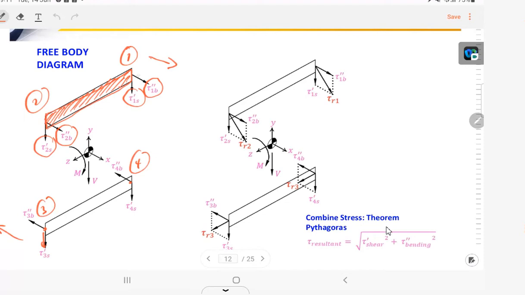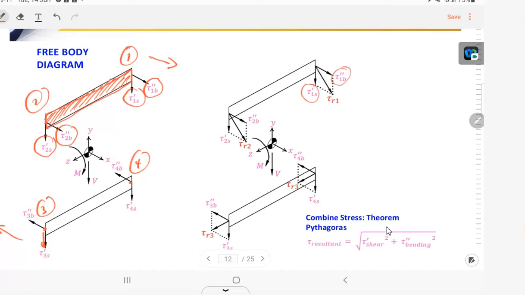So once we have drawn all the force directions, we need to calculate the resultant force. Okay, the resultant shear stress between these two. One is direct primary and one is secondary.